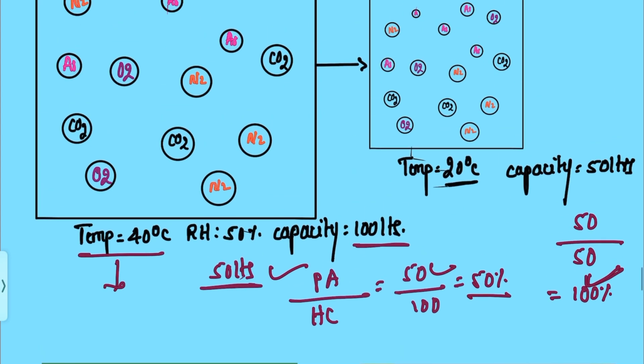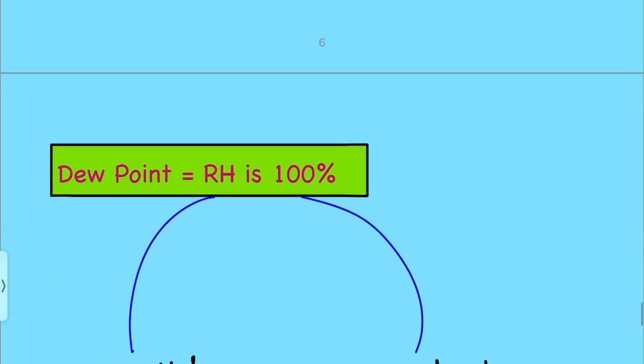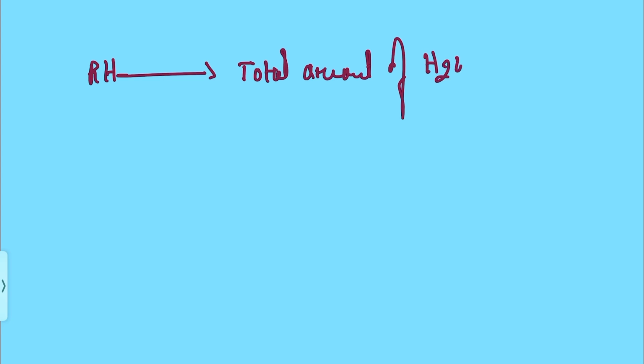So now what is the dew point here? 20 degrees centigrade, because the 100% relative humidity was reached at 20 degrees centigrade. Right? So, to recap, what is relative humidity? The basic definition of relative humidity is the total amount of water present to the total holding capacity.